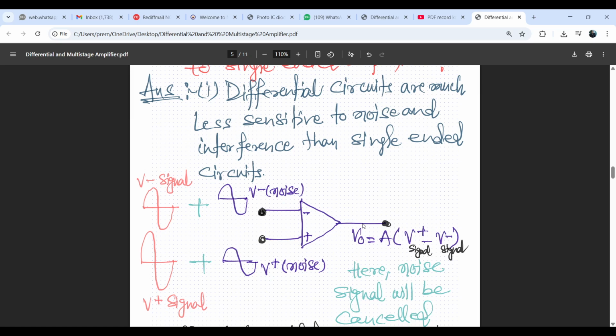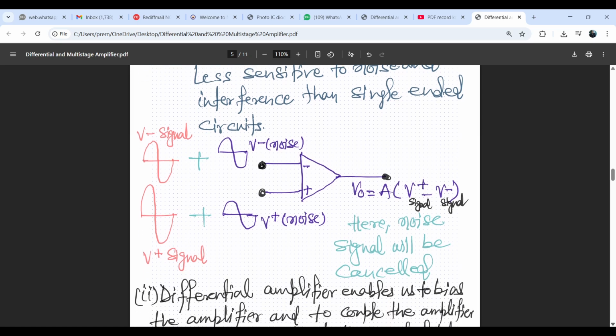But after the output, this noise will be cancelled out due to the property of V plus minus V minus. So the overall noise will be cancelled out. That's why differential circuits are much less sensitive towards noise in comparison to single-ended circuitry.